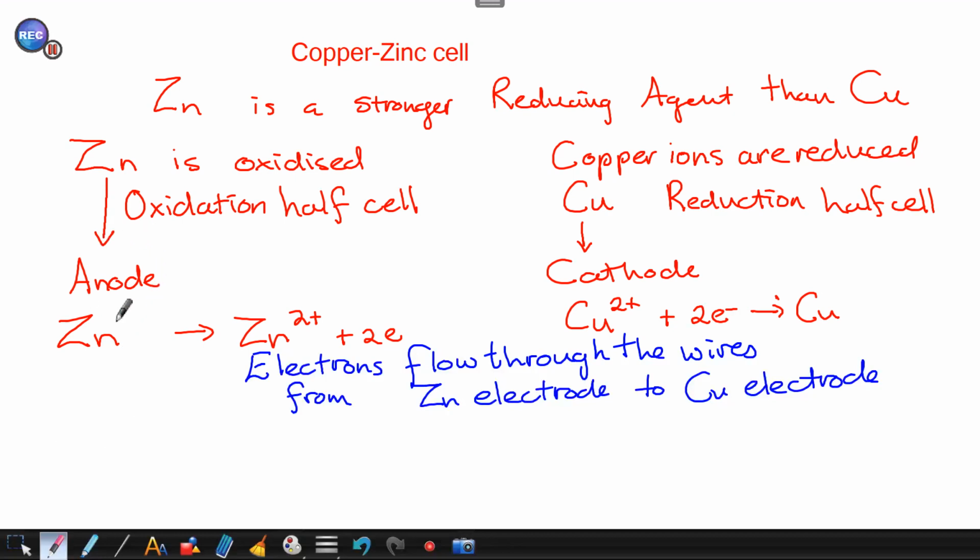So this zinc anode, its mass will decrease, and the cathode's mass will increase.